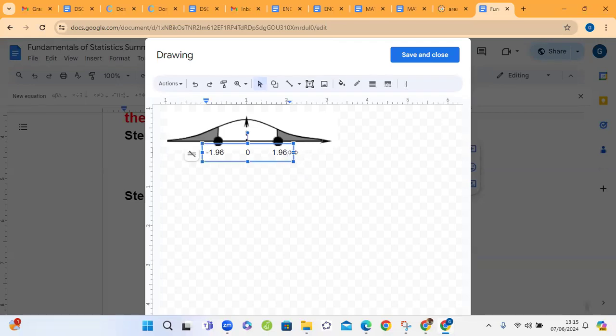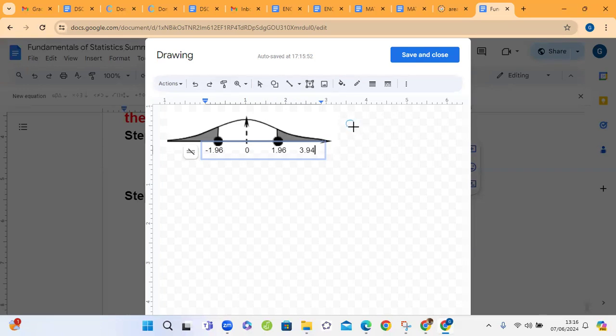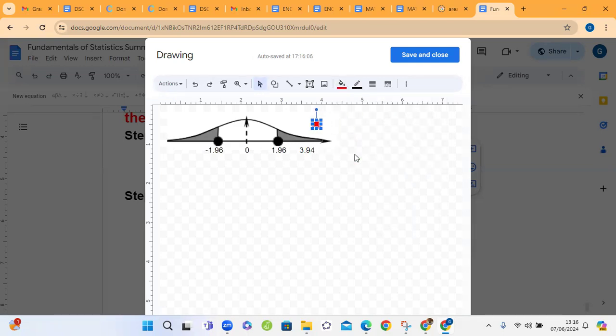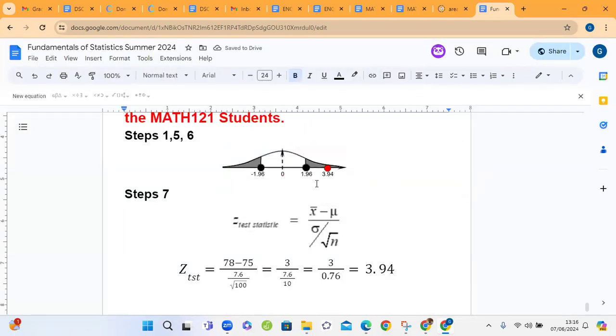Clearly 3 is greater than 1, so we can put 3.94 anywhere around this region. Let's put a color-coded point where the test statistic is. And we can clearly see the test statistic at step number 8 is in the critical region.